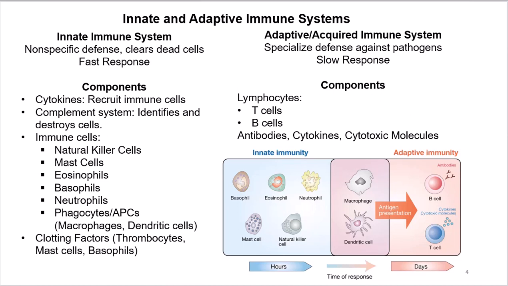So it will respond to any kind of bacteria attack, say, using this method. Then there's the adaptive or acquired immune system, and it has components that include T cells, B cells, and antibodies. And we see that the adaptive system actually can end up using elements of the innate immune system.